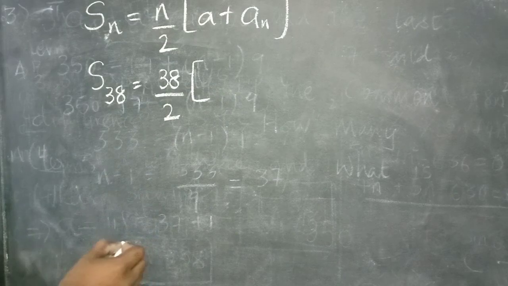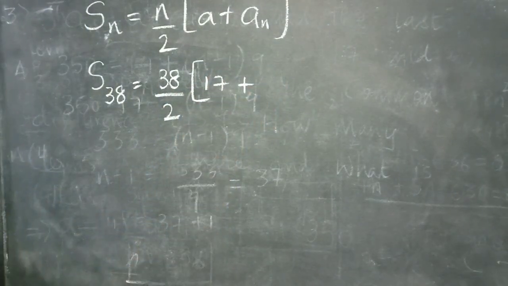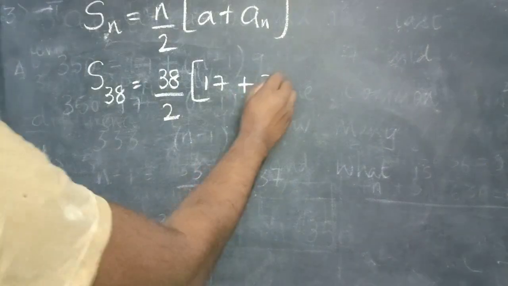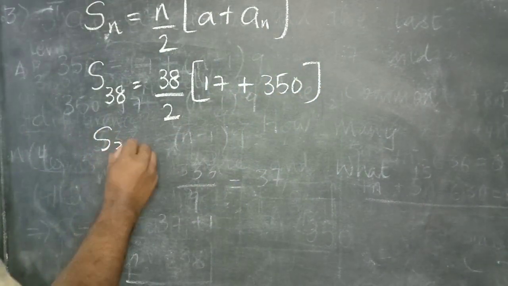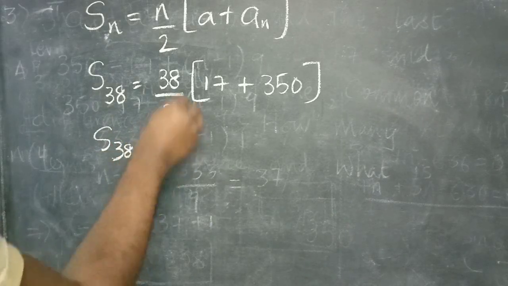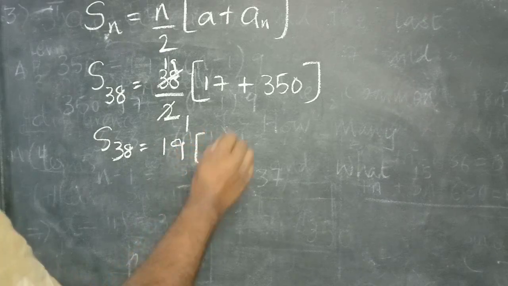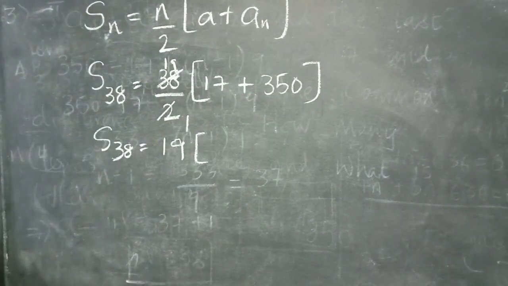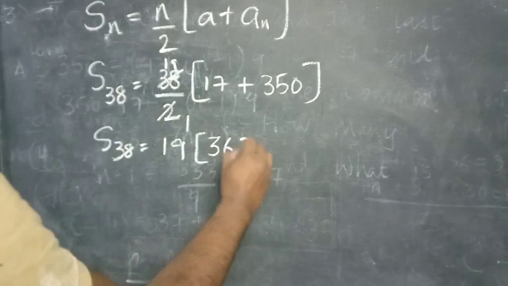What is the value of a? A is 17. What is the value of the last term? That is 350. Now, 38 divided by 2, 2 ones are 2, 2 nines are 18, so 19, times 17 plus 350. What we get is 367.